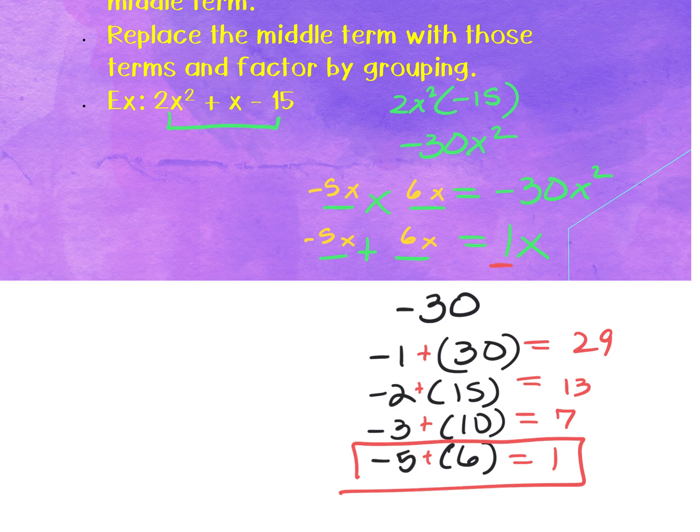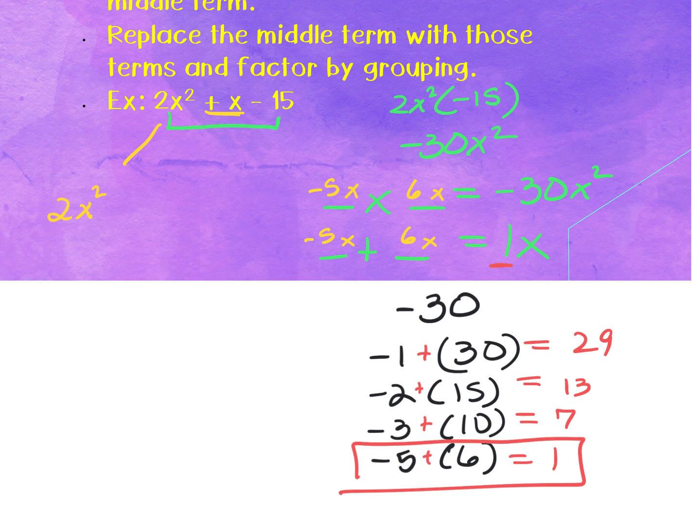Now what we're going to do is replace this middle term with the factors that we just found. Now I'm going to turn this into a 4-term polynomial. We already did the factor by grouping, okay? But our original problem was a trinomial. The way that I make it a 4-term polynomial is I rewrite the first term, the 2x squared.